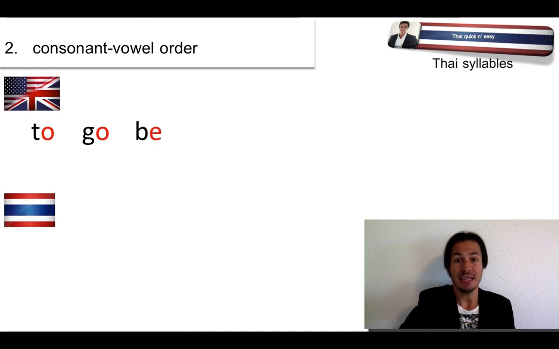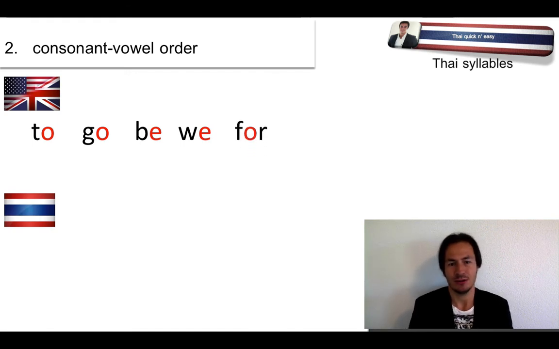Or be, the word be, consonant on the left and vowel on the right. Another one, for, where we have an initial consonant at the beginning followed by a vowel in red in the middle, and the syllable is ending in another consonant. So two consonants, one vowel.